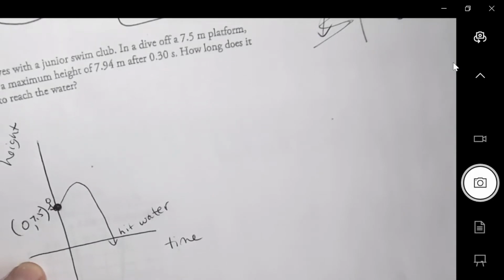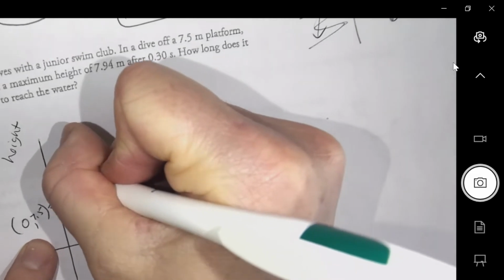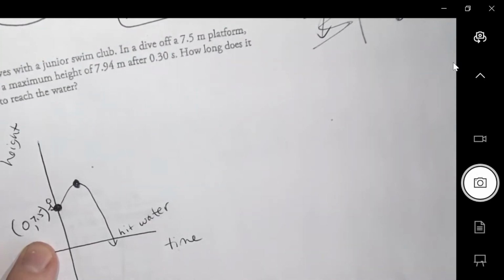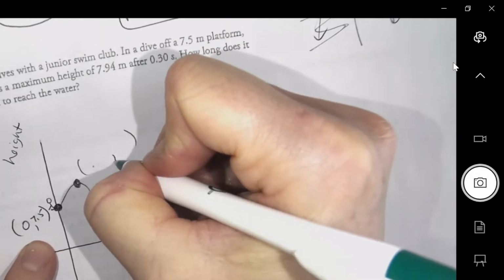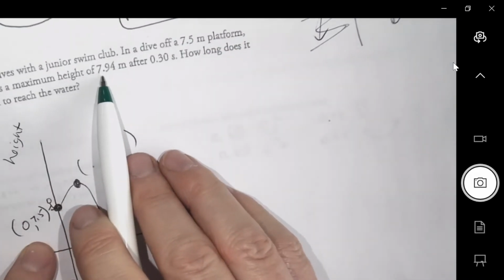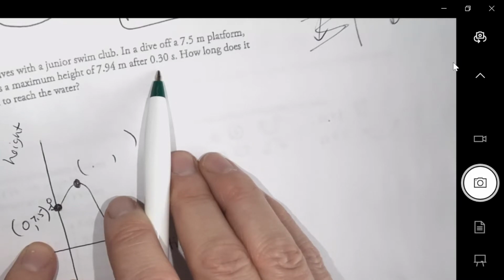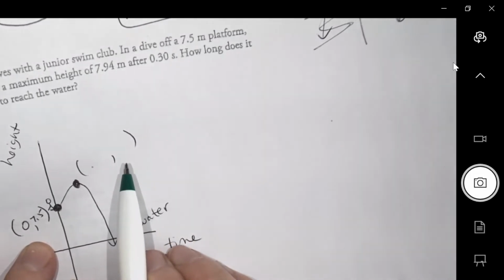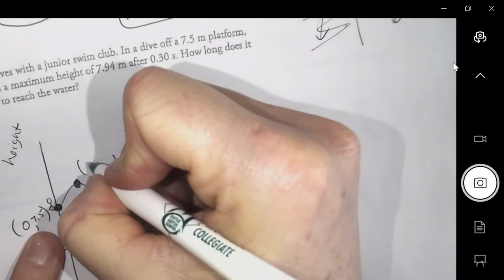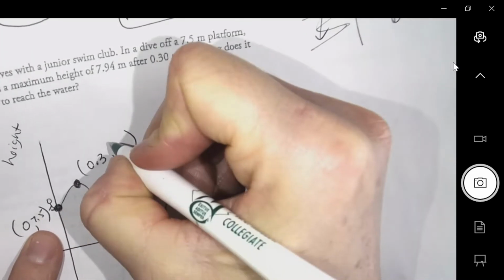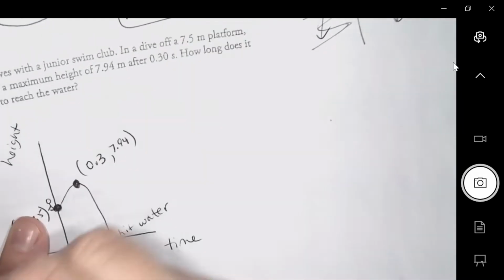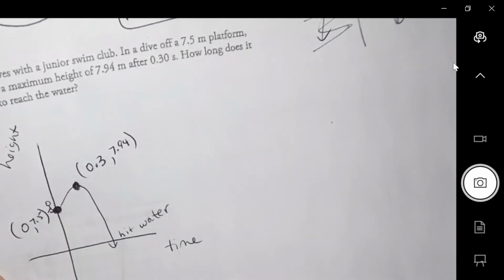Okay, he reaches a max height, so I'm going to put a dot here at the vertex, the max. He reaches a max height of 7.94 after 0.3 seconds. How do I write this coordinate? Which part goes where? You have to write it in the correct order. 0.3 goes first, and then the 7.94 part goes next. Okay, so make sure you understand the order of that.